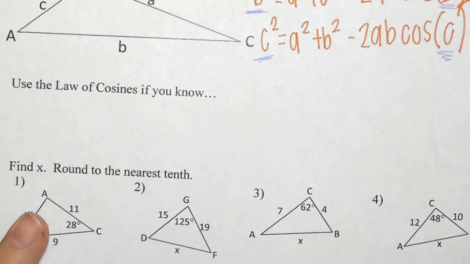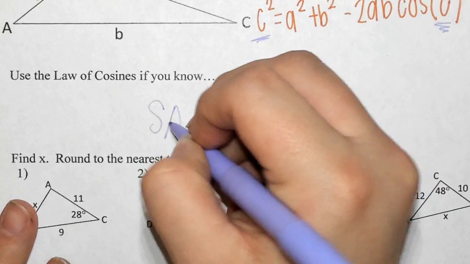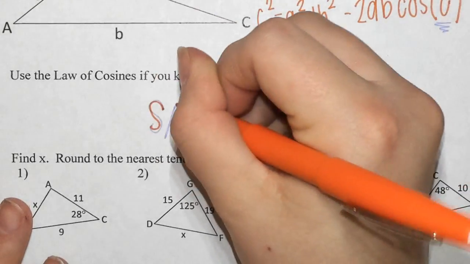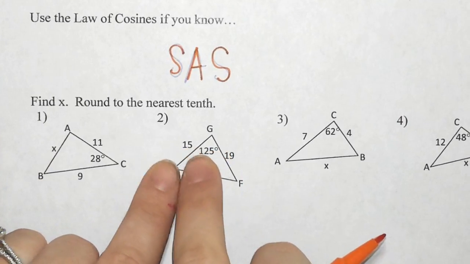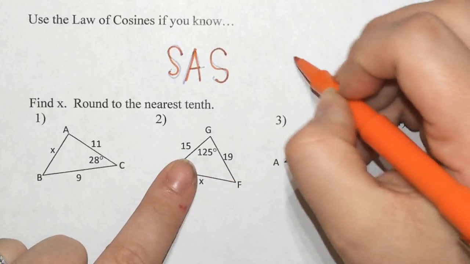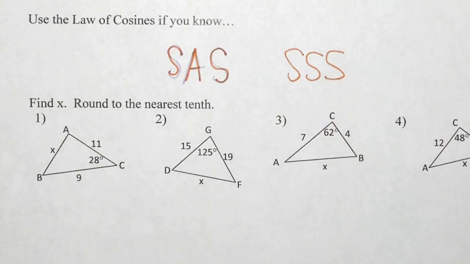To use law of cosines, you can only use this if you know side, angle, side. Like this one. You know a side, you know an angle, and you know another side. So we can use law of cosines. Or if you just know all three sides and you don't know a single angle.